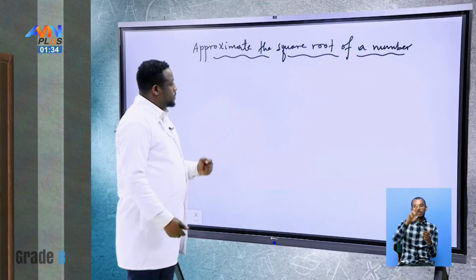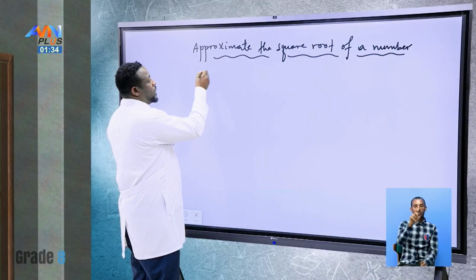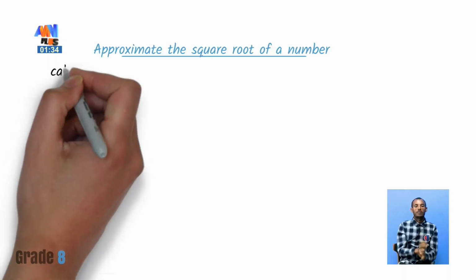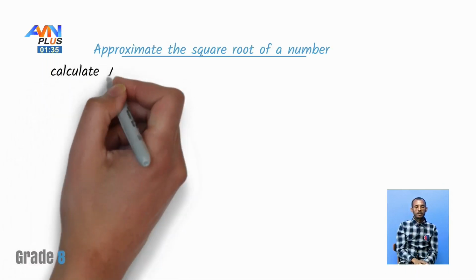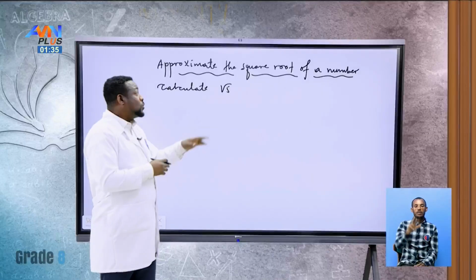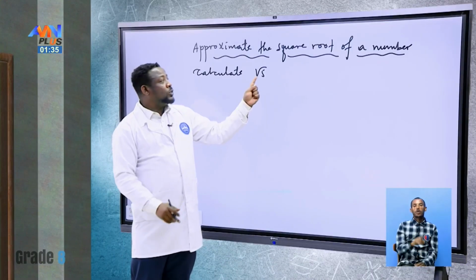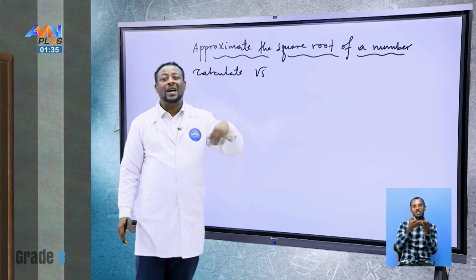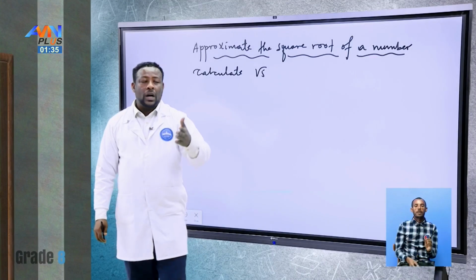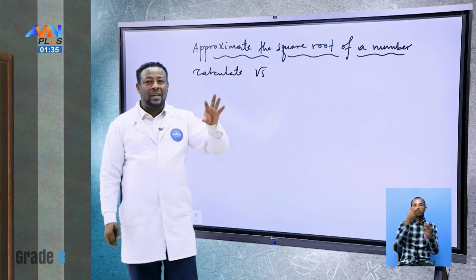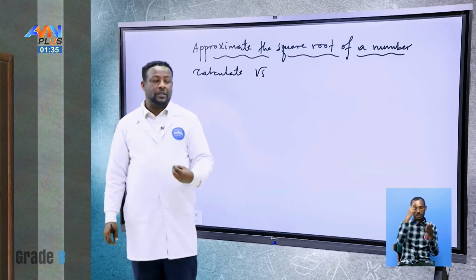For example, if you are asked to calculate radical 5. If you are asked to calculate radical 5, you cannot express 5 as a product of two identical factors. So it's impossible to obtain a certain exact number. So in this case, we use approximations.